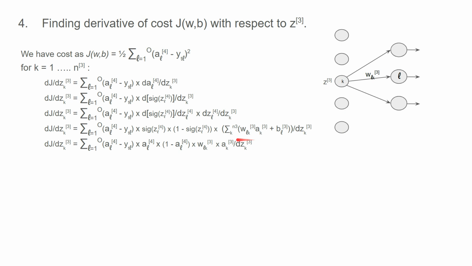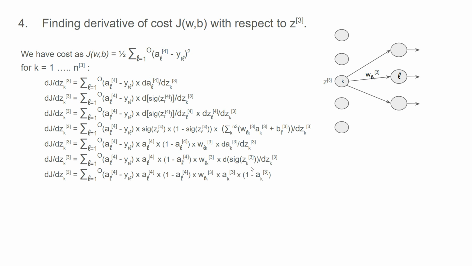All the other derivatives with respect to zk3 will be zero, and the remaining will be Wlk3 into dak3 by dzk3. Ak3 will be substituted as sigmoid of zk3. Now the derivative of sigmoid of zk3 becomes Ak3 into 1 minus Ak3. So finally the term will be this long term, and we are going to make it short.